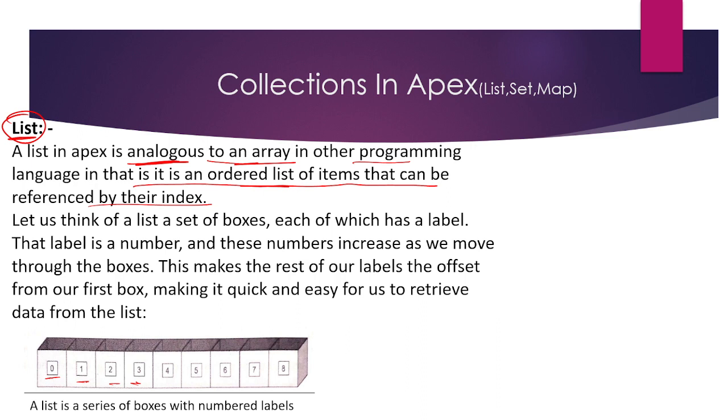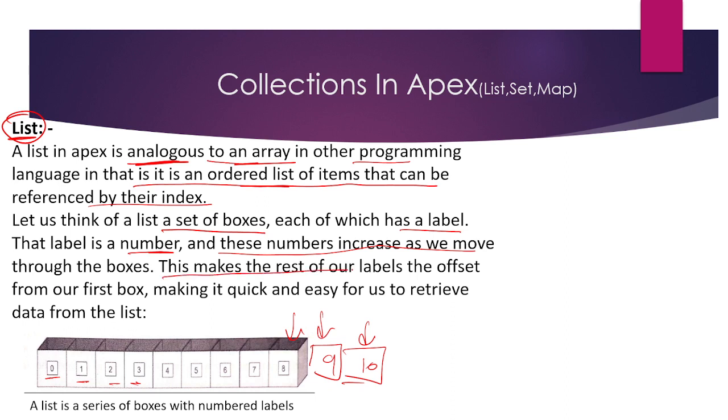In an array the limitation is that it is of fixed size, but in a list we can store the values dynamically. Okay, let us think of a list as a set of boxes, each of which has a label. That label is a number and this number increases as we move. If we store values like 9, 10, whatever values we want, we can fill them in those boxes. Okay, this increases the size through the boxes.